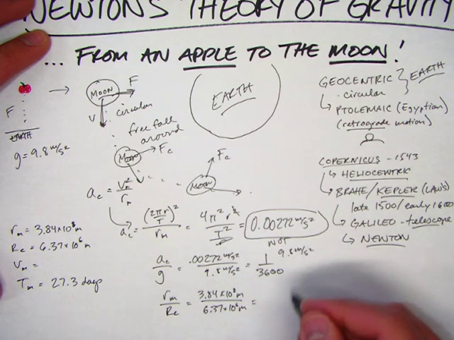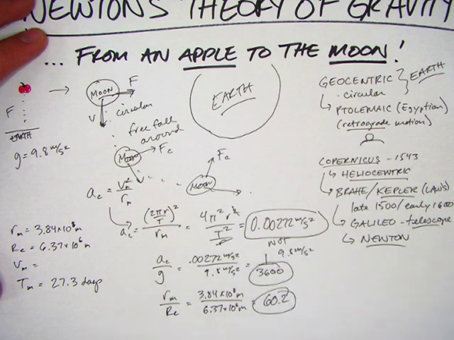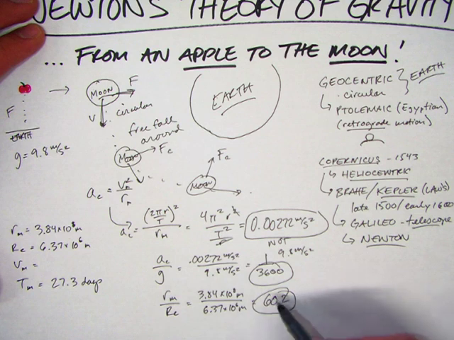What you see is it's about 60.2 times farther than the surface of the Earth. So the radius of the Earth takes you to the surface of the Earth, the radius of the moon takes you to the center of the moon. So 60 times greater to the center of the moon from the center of the Earth than from the surface of the Earth.